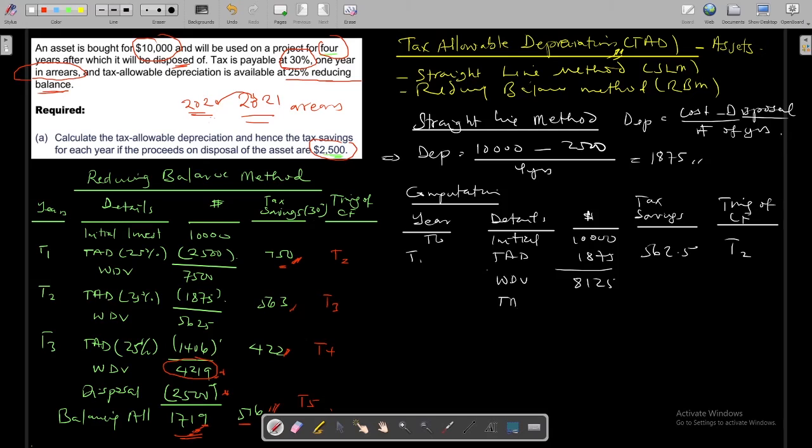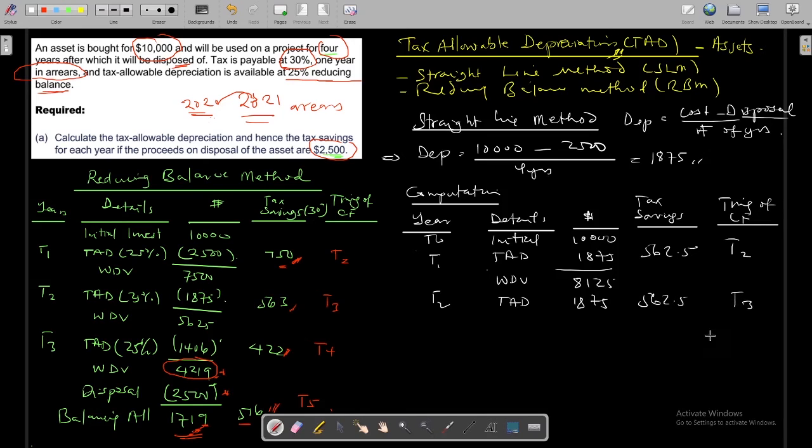For tax allowable depreciation for year 2, we record the same 1,875, and the tax savings is 562.5.